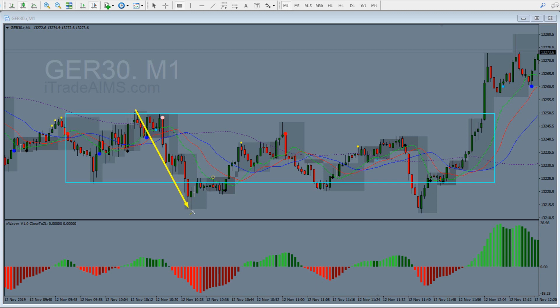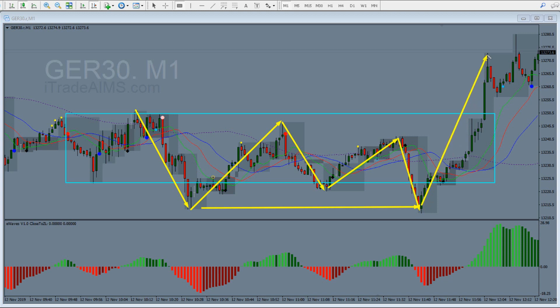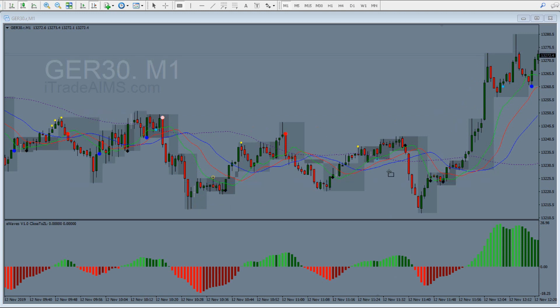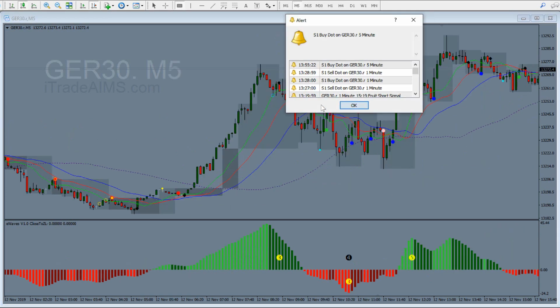This is the little bit of analysis that we do. Price is going up, down, tries to break this, doesn't break it. What is it? It's sideways. But then you can visually see that it broke that range and went up. And that's exactly what I was expecting. Why? Because, let's go to the M5 chart.